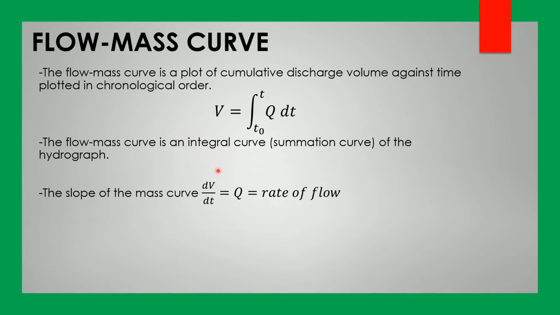Since the hydrograph is a plot of Q versus t, it is easy to say that the flow mass curve is an integral curve or summation curve of the hydrograph. So the slope of the mass curve, dV over dt, is equal to Q, the rate of flow.